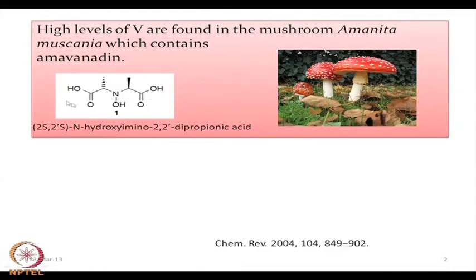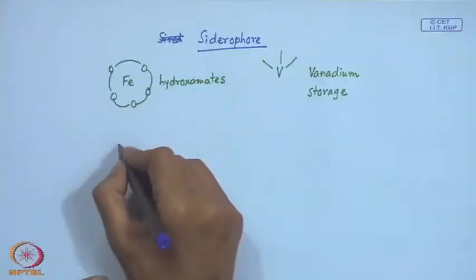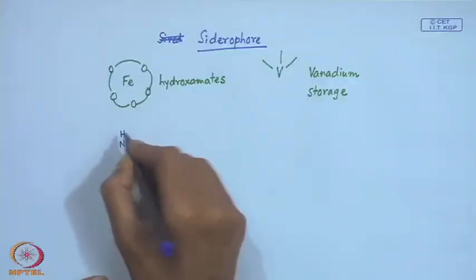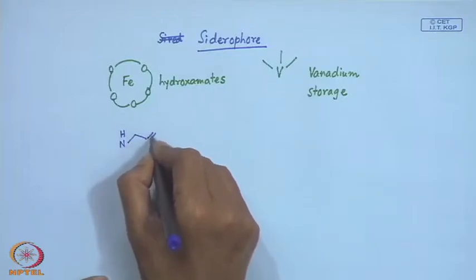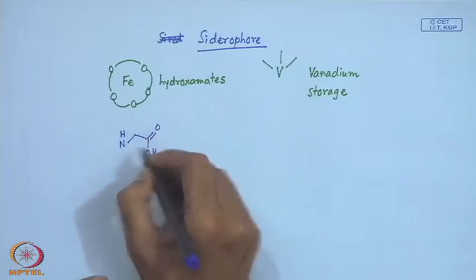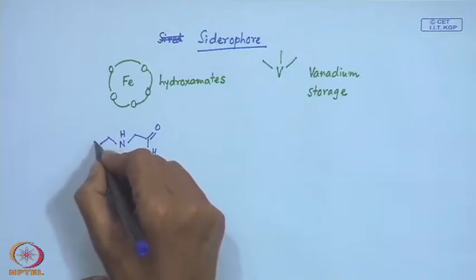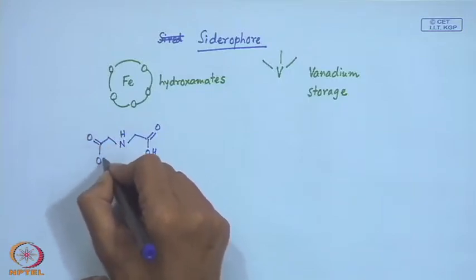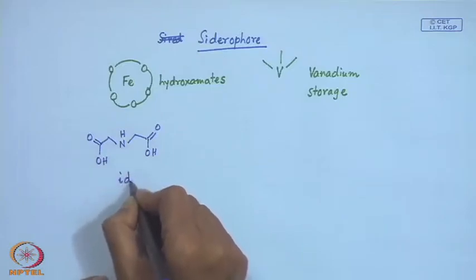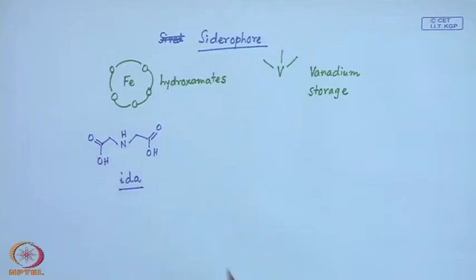So, we have this carboxy end bearing dipropionic acid based ligand, which is 2S,2'S N-hydroxy imino 2,2'-dipropionic acid. So, N-hydroxy imino is very much similar to our imino-diacetic acid, which we all know is a very standard ligand system, IDA, imino-diacetic acid.